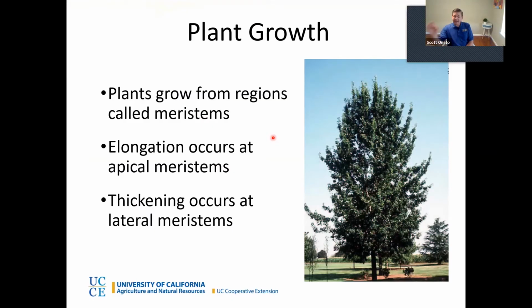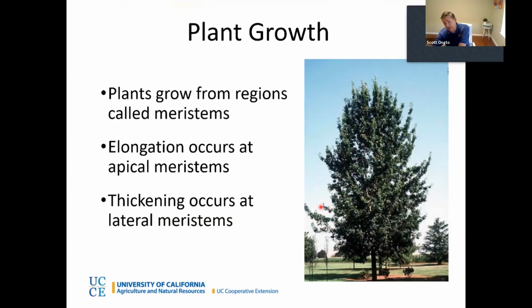So just going back to this particular slide, we talked about where plant growth is happening. It's happening at these specific areas called meristems. So, of course, we have our apical meristems, which are at the apex of the terminal leader here, but also at the branch tips of all of these branches.